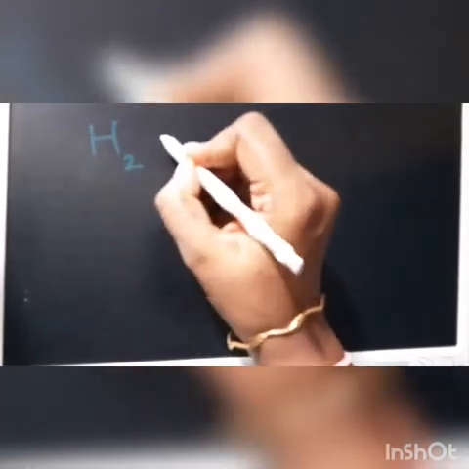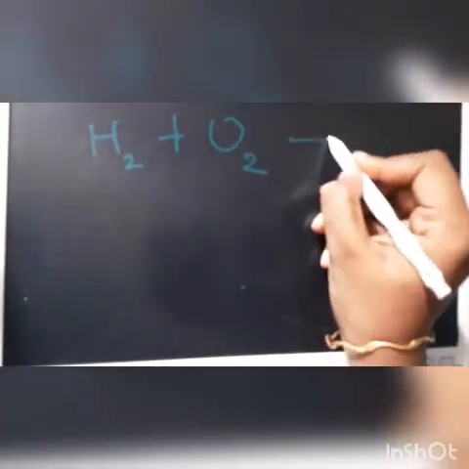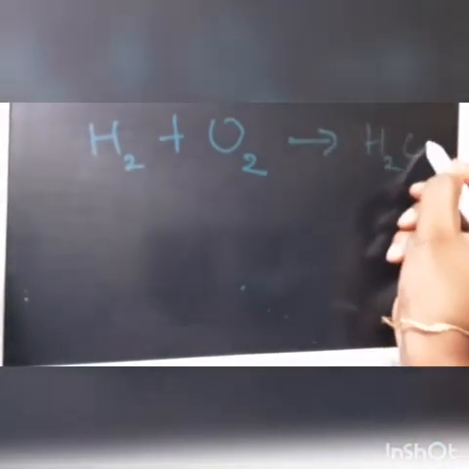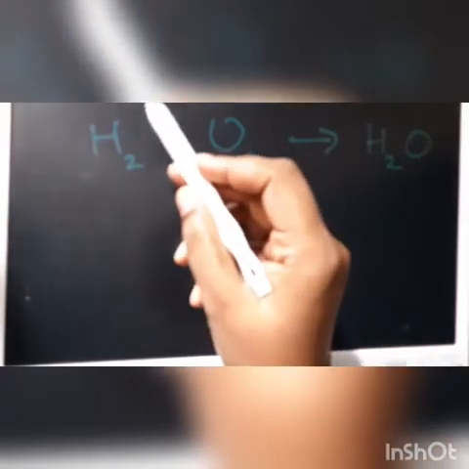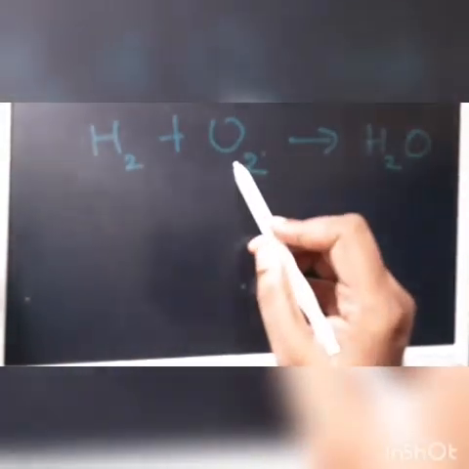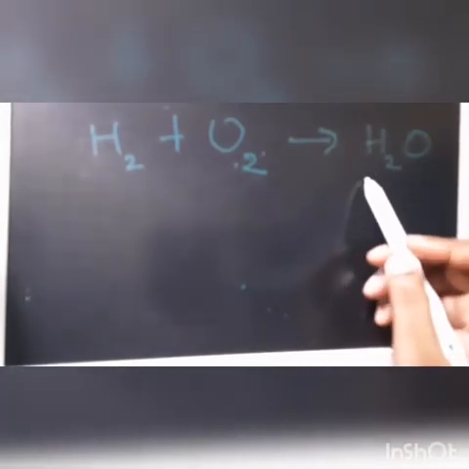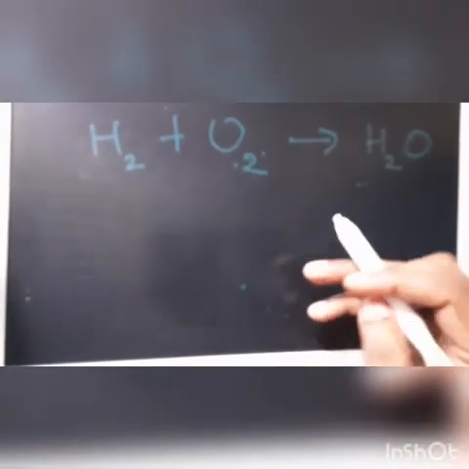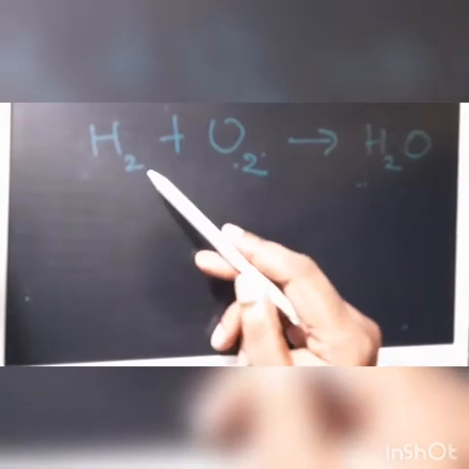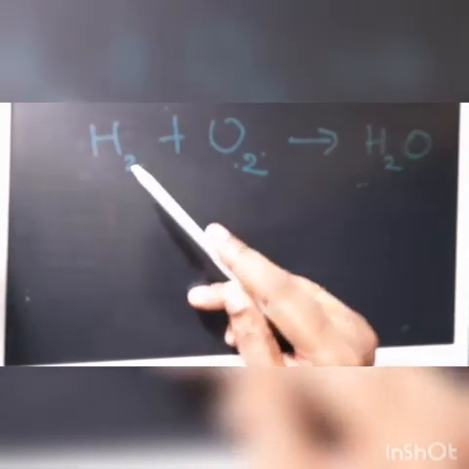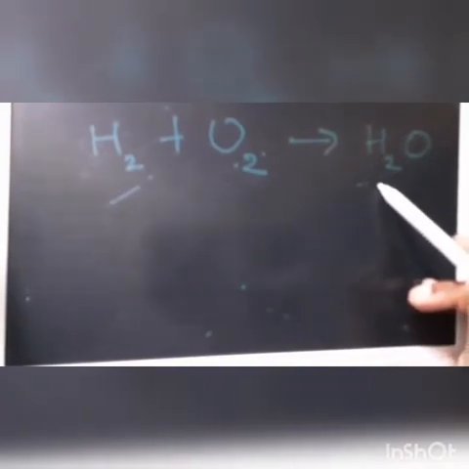Considering the same example, hydrogen plus oxygen giving water, we should balance this equation in such a way that the number of atoms of the reactants and the number of atoms of the products should be the same.